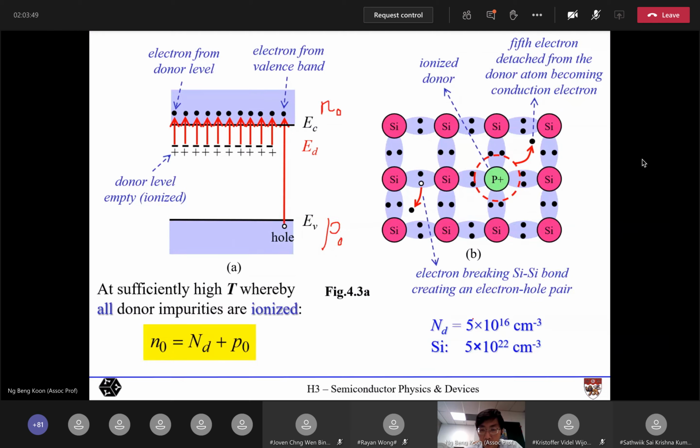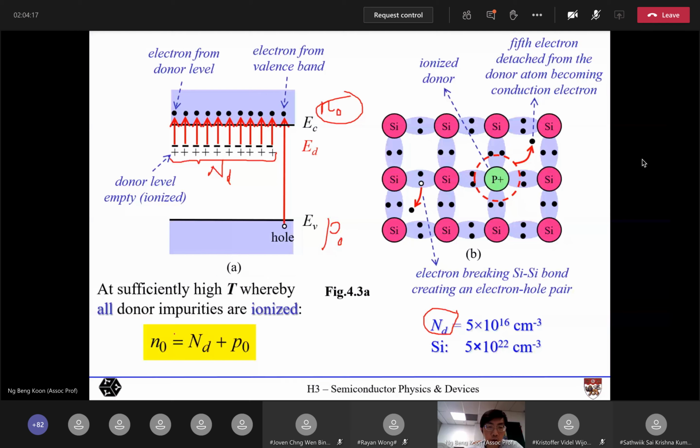So we dope the semiconductor uniformly with ND phosphorus atoms, then we can write a relation between N naught, P naught, and ND. ND corresponds to this number of donor atoms there.